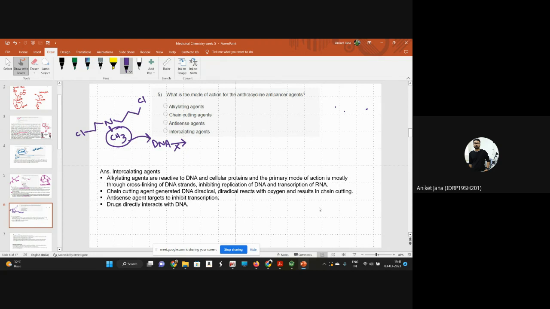It targets and inhibits the transcription. So how do the antisense agents work? What is sense and antisense?